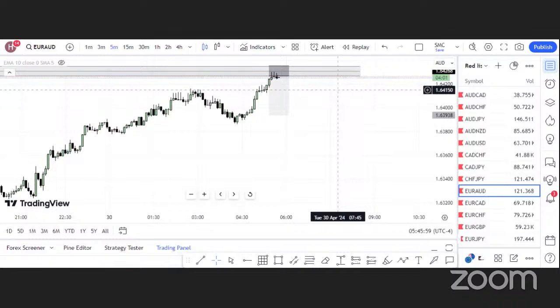Right, we are currently selling Euro AUD, and the market has started printing bearish candles.